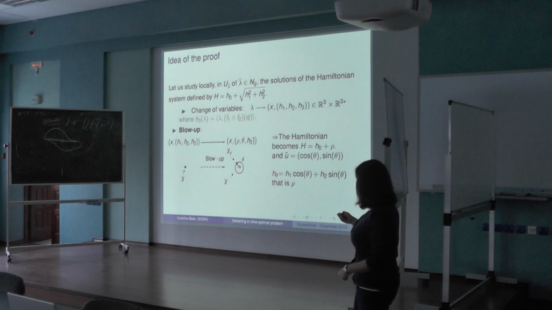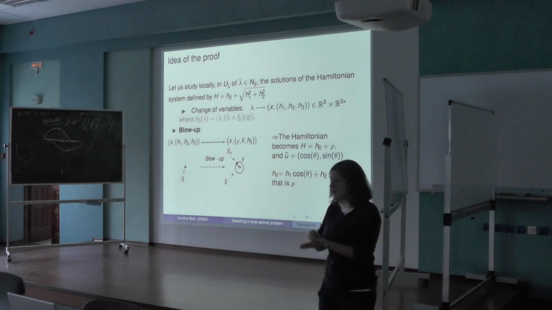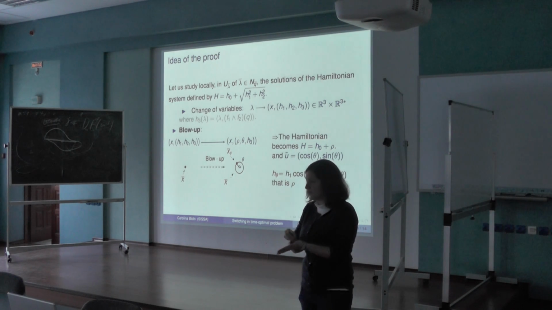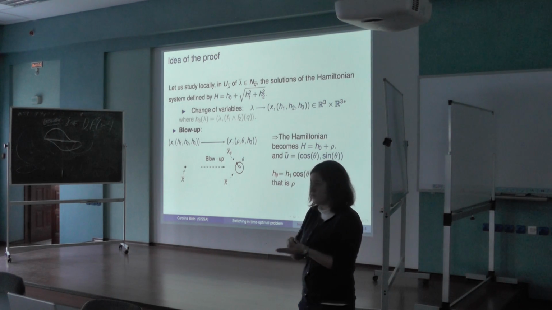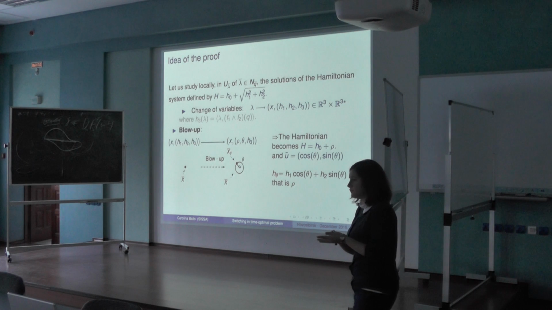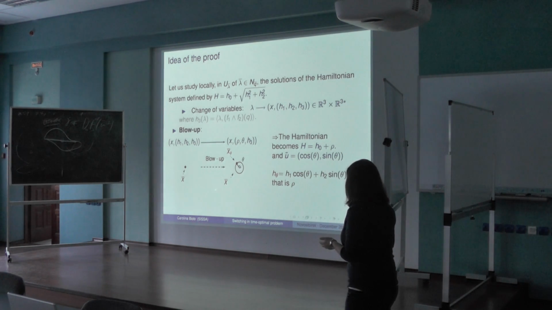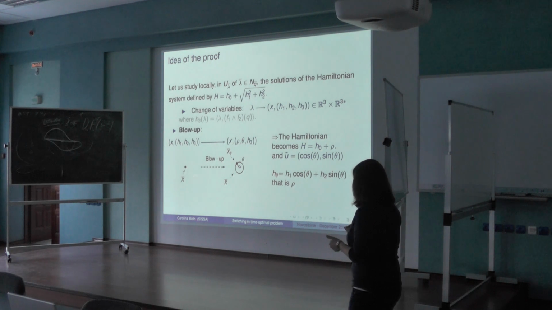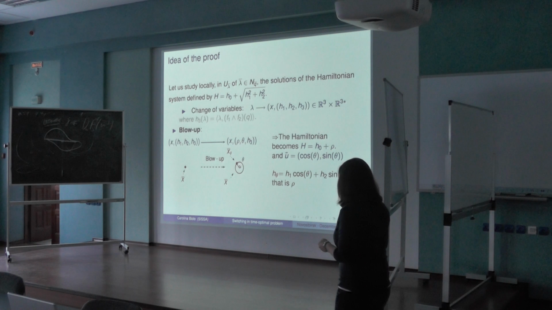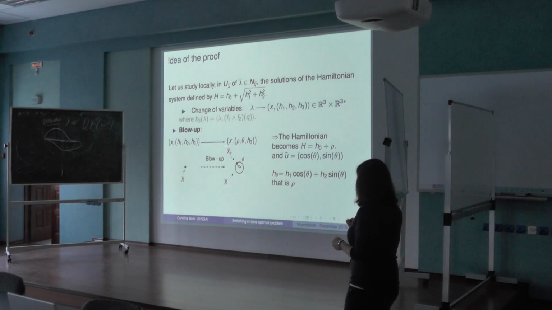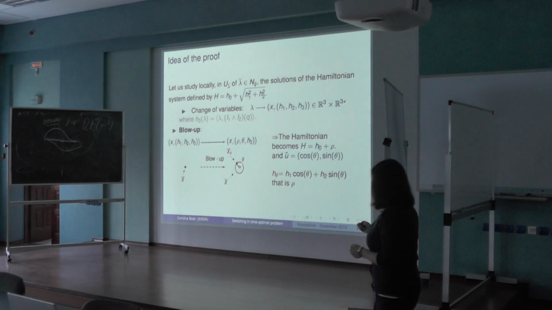I want to recall to you that if h1 and h2 are both equal to 0, we are in the singular locus, okay? So we are in a point of discontinuity of our new Hamiltonian system. And we are considering, instead of a point x bar, a circle with points x bar theta defined by the angle theta.